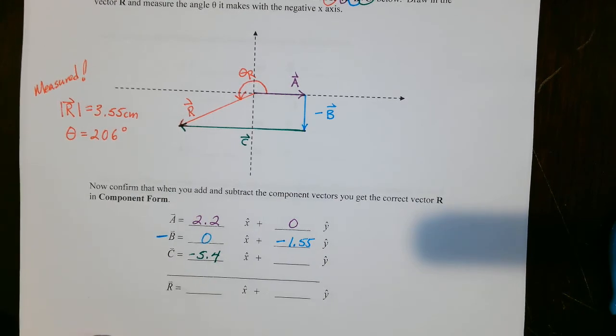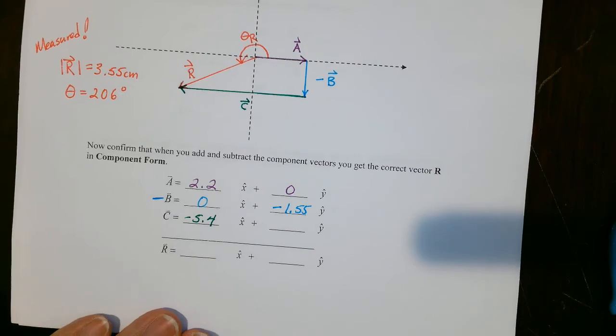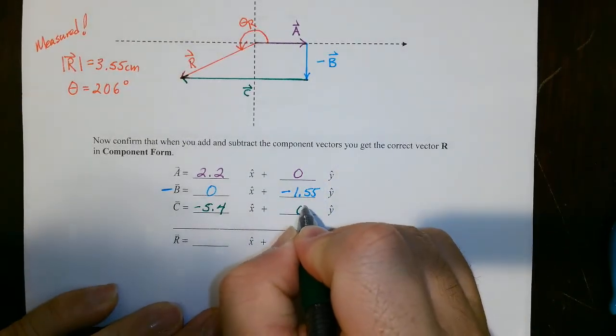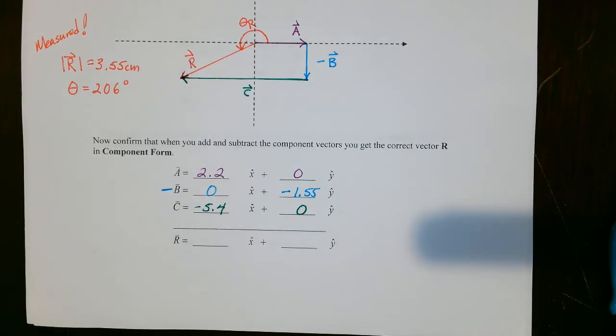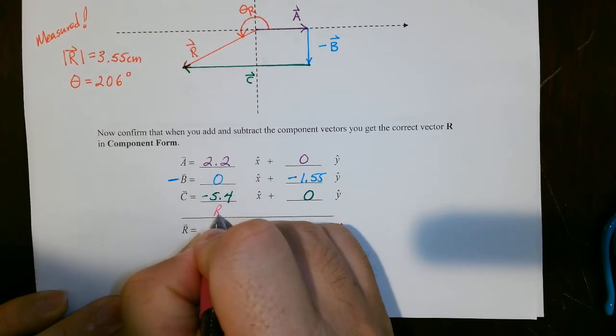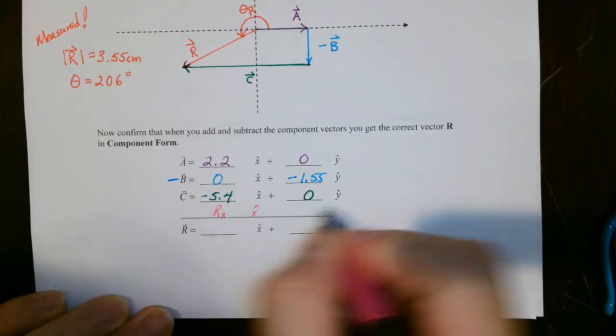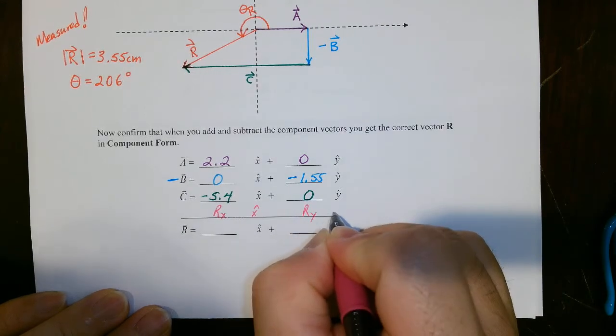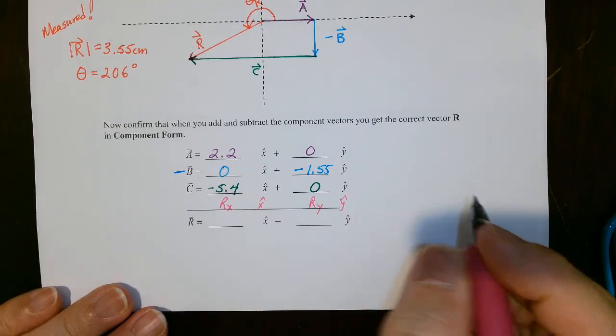Then, where was I? Oh, here I have 0 y hat for my vector c. So when I add all the x's up, I will have rx, x hat. And then here, when I add all the y's up, I got ry, y hat.